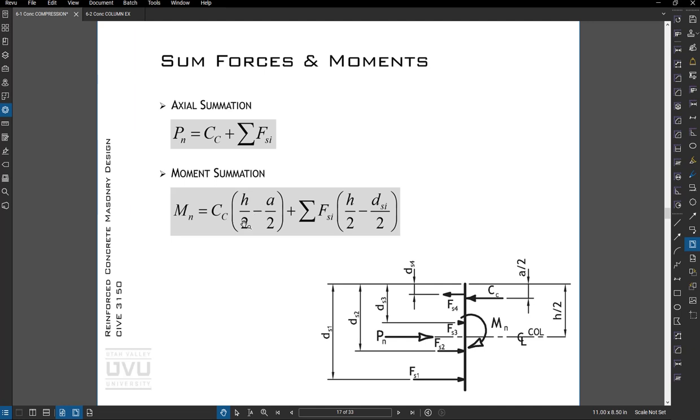And then we do sum of moments to get the flexural capacity. So this gives us axial capacity, that gives us flexural capacity, and we just follow the nomenclature here. So basically we sum moments about this horizontal axis at the center line of the section.